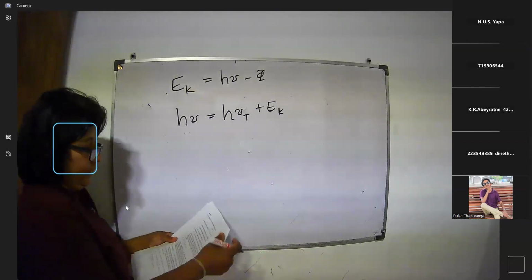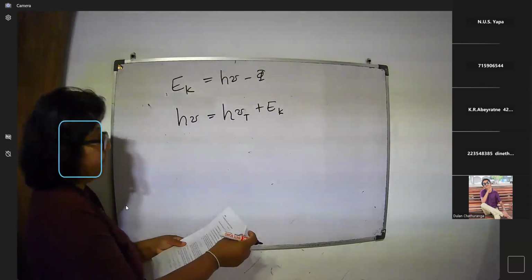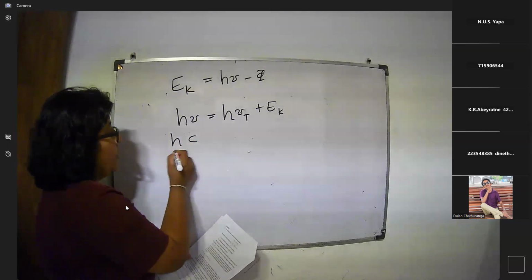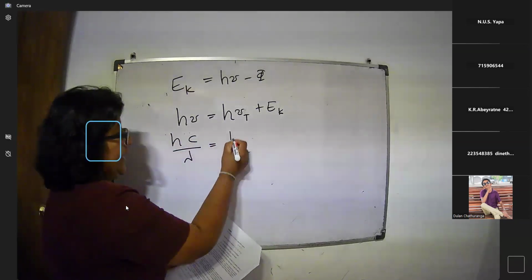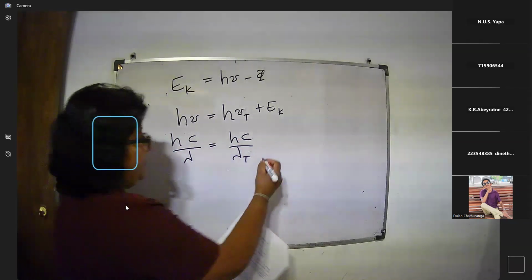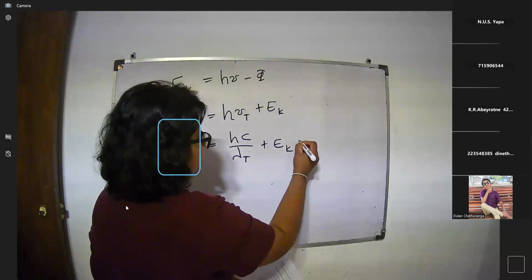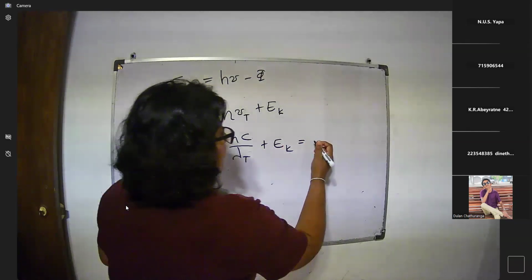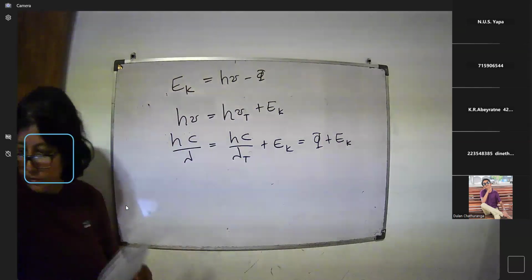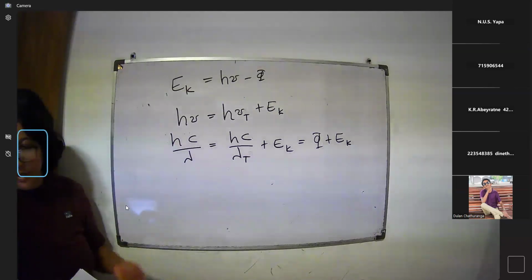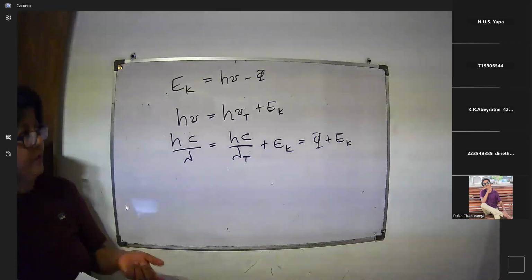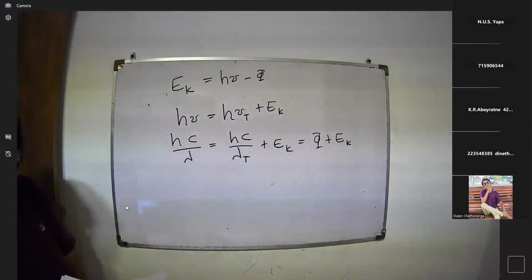Also we can write hc over lambda equals hc over lambda t plus EK. So we can describe this by quantum theory. Phi is the work function, or we can take this as W, the work function.